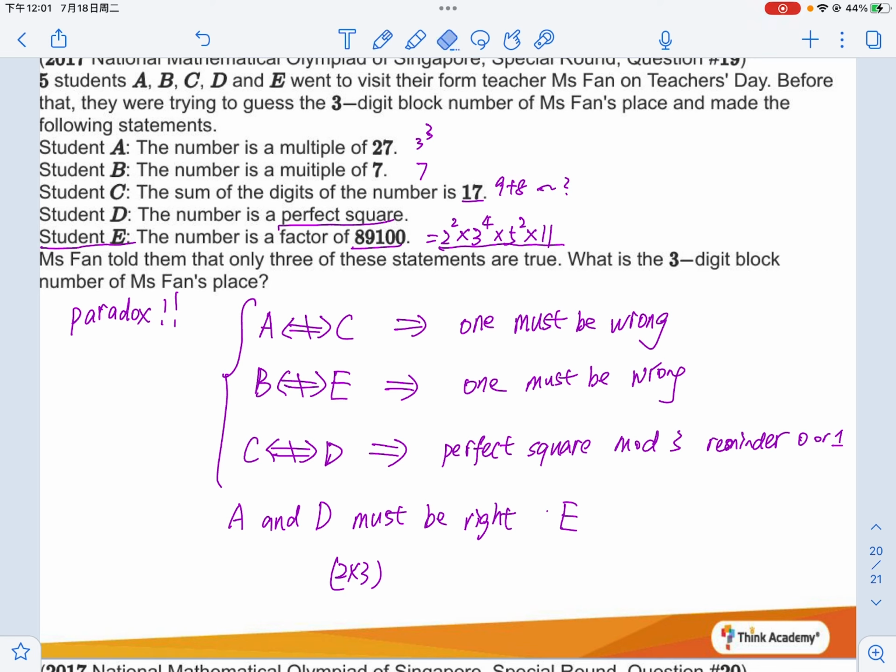No, 2 times 3 is not a multiple of 27, right? So you can find 2 times 3 times 3 squared, right? It is 18 squared. So the answer is 3 to the 4. Okay, so just have a try.